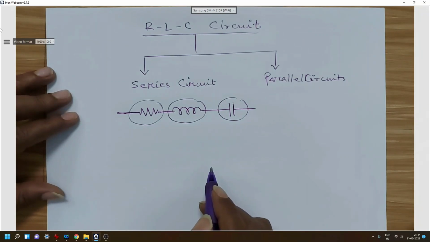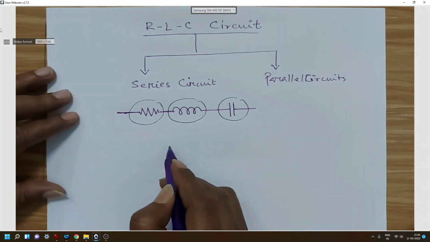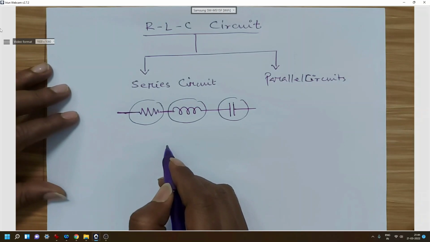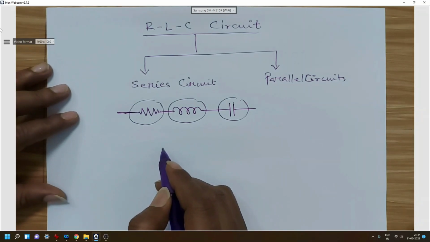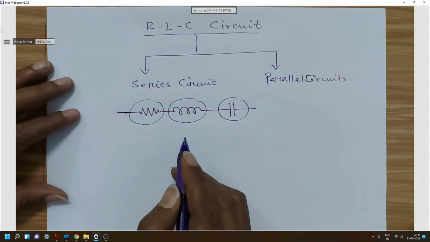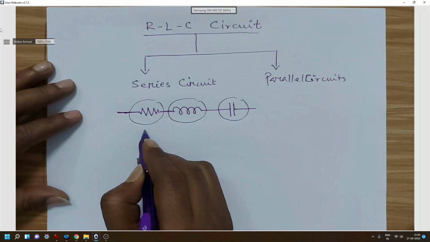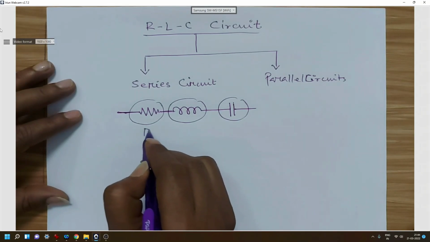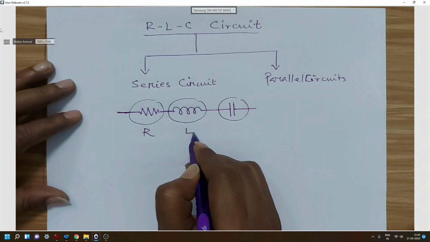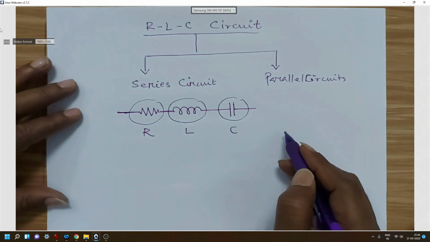So there we need to connect these elements. In a practical experimental bench, we have some materialistic connection board. So definitely we will need the materialistic components: for resistance R, for inductance L, and for capacitance C.